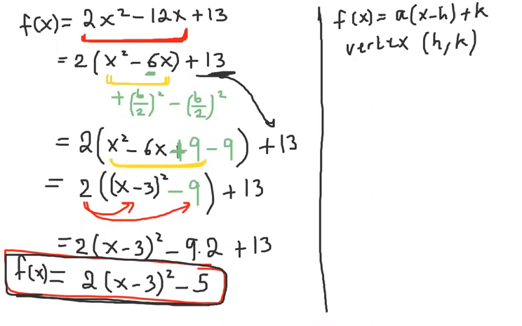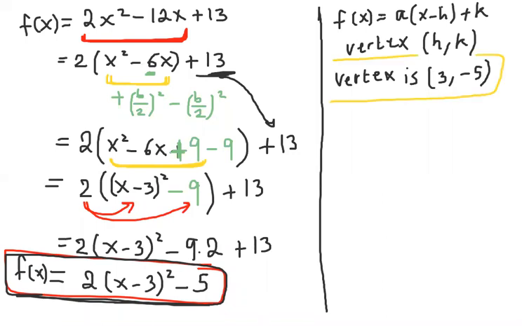So the vertex is (3, minus 5). Any question? Okay.